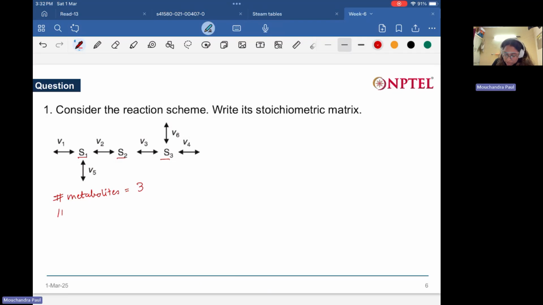Whereas how many reactions are there? There are 1, 2, 3, 4, 5, 6. So there are 6 reactions. So we will be able to form a 3 cross 6 matrix. So let's try to write this matrix.